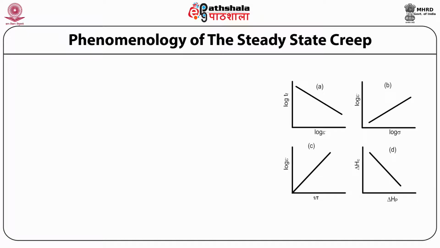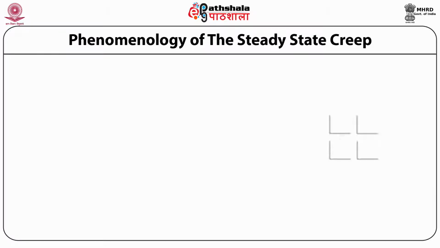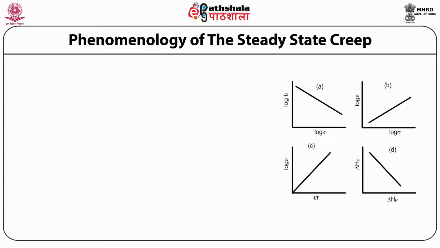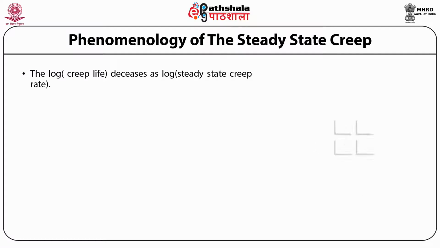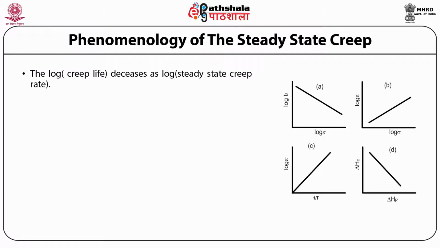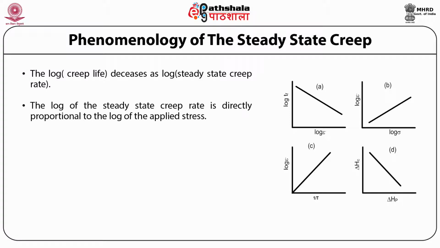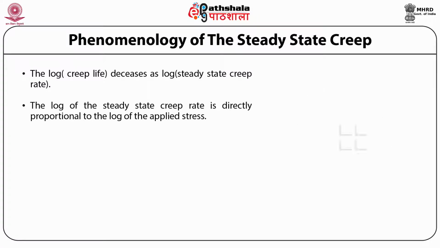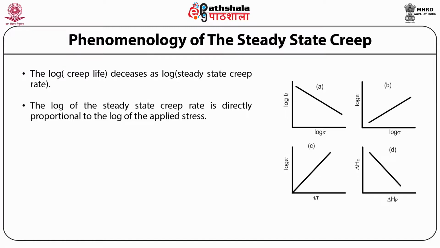The various phenomenological relations in the steady state creep are as follows. The first part A shows the log creep life decreases as log of steady state creep rate. The second part B shows the log of the steady state creep rate is directly proportional to the log of the applied stress.